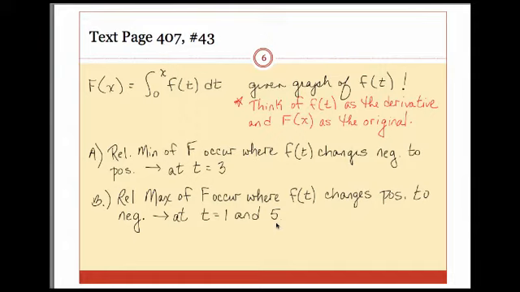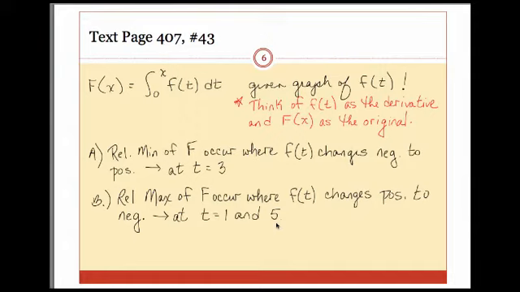Now, another thing to think about when we've been talking about relative minimum and maximum. We pretty much answered these in light of how we did it before, which is entirely correct to do. But think of another interpretation of this. If we're just looking at this graph of f of t, and I'm defining this capital F function to be the integral from 0 to x, well, remember we talked about another interpretation of an integral as being area under a curve.